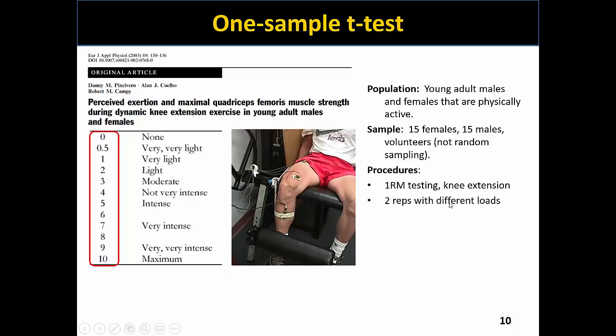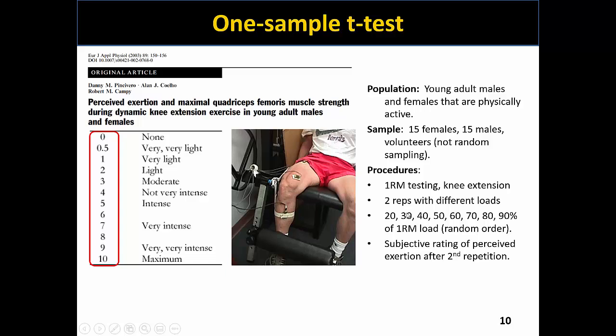The experiment then had all the volunteers perform 2 repetitions with different loads, and the loads ranged from 20 up to 90% of the 1RM, or the maximum weight, all presented in a random order. The outcome variable was the person's subjective rating of their perceived exertion, or their effort, after the second repetition at each of these loads by reporting a number on the scale.